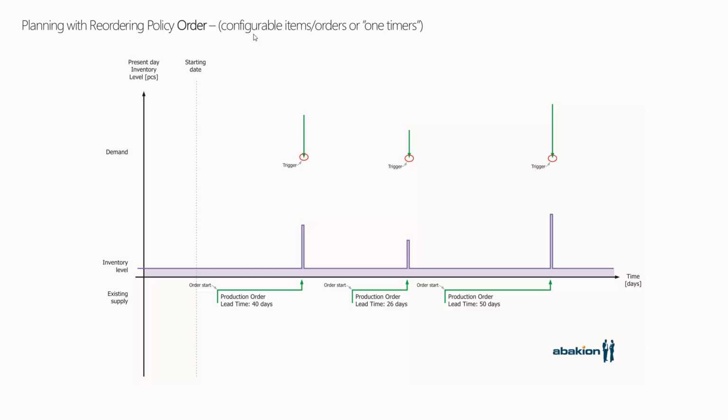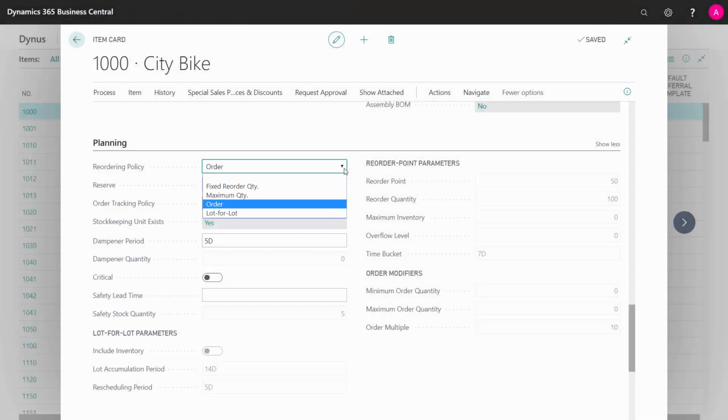Or if it's a one-timer, so you don't want to build up inventory and you will only produce or buy the exact amount that you're going to use in the specific case. Then you can set reordering policy order, and all the orders that it creates will be on the exact quantities coming from the demand.